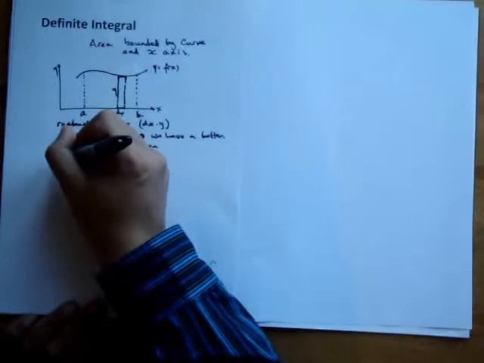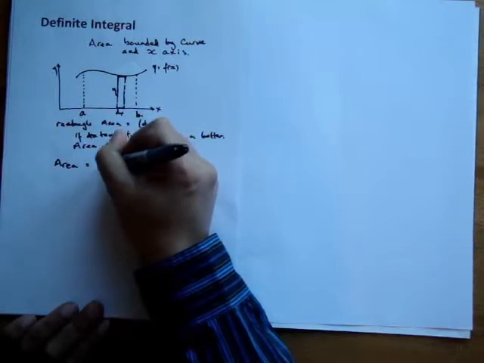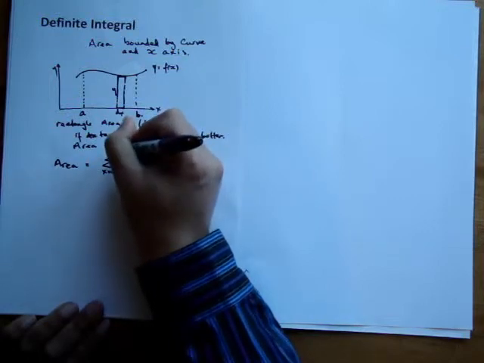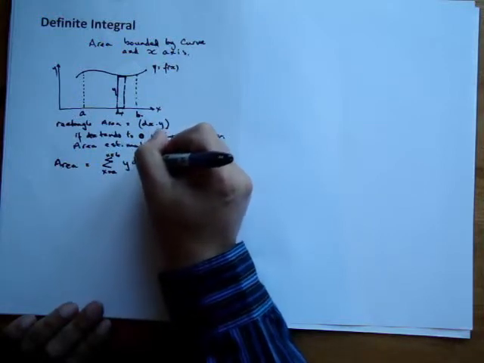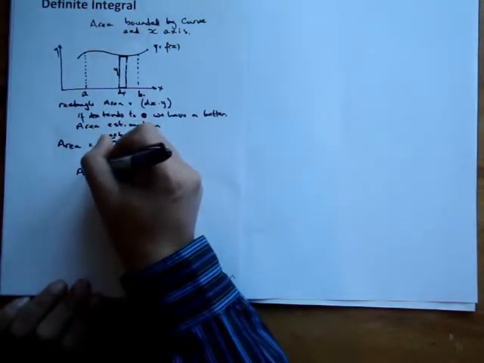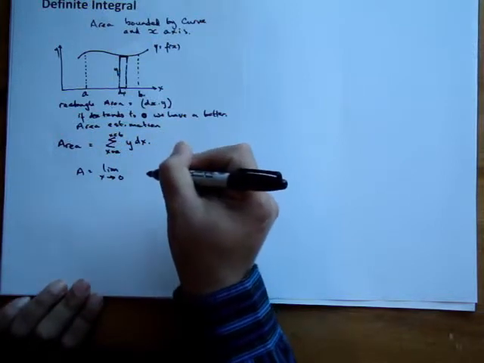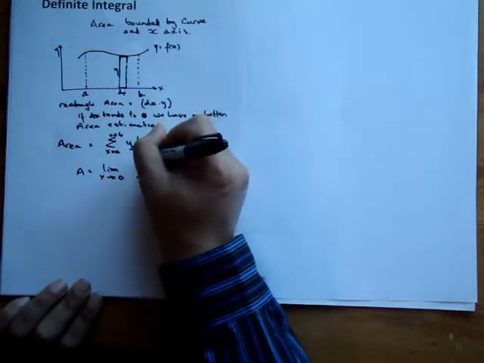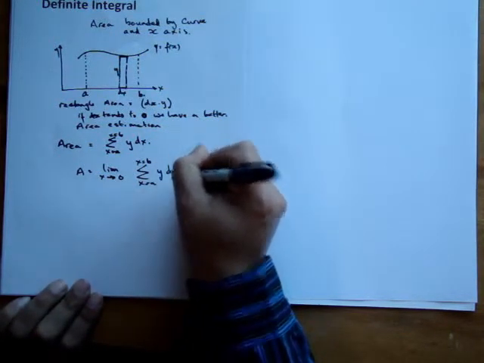So the area, in sum notation, equals the sum from x equals a to x equals b of y dx, or the limit as dx tends to 0 of the sum from x equals a to x equals b of y dx.